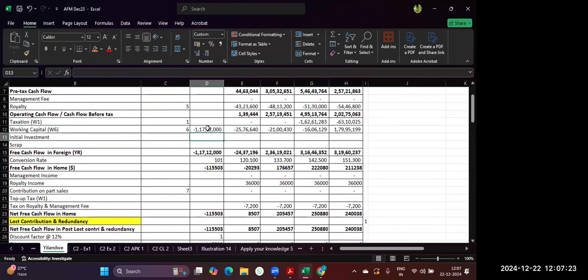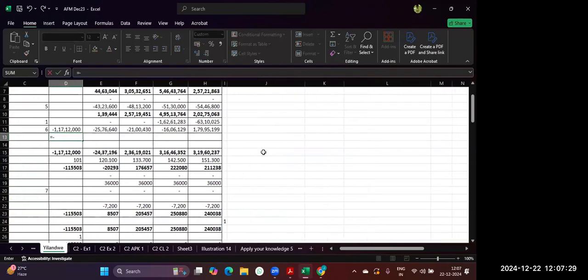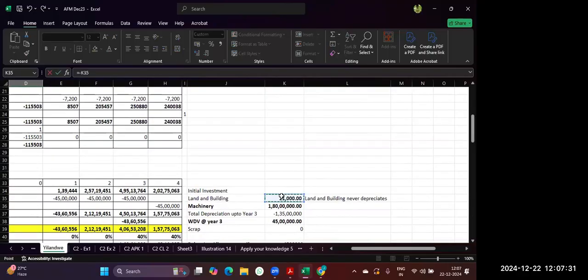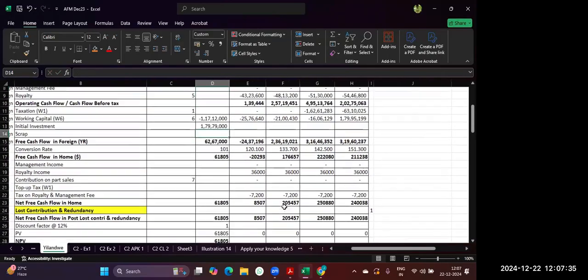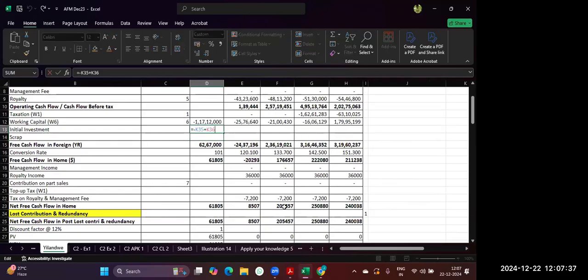What is the initial investment? How much is my initial investment? 21,000 plus 18,000. Correct? But in which currency, guys? Rands. So it is directly given in rands.